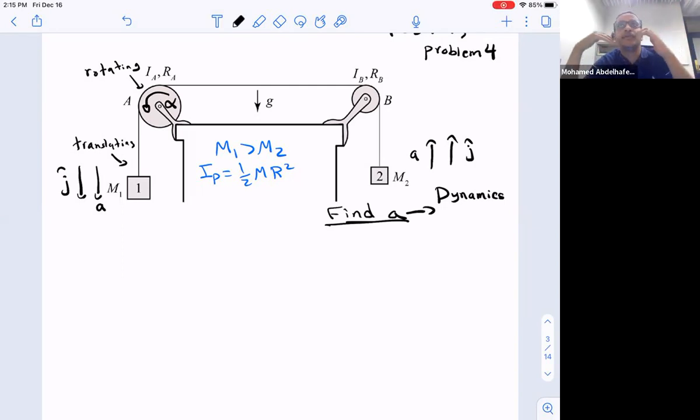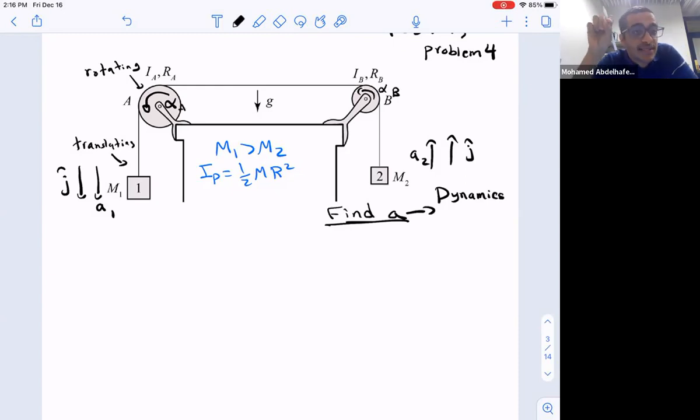We don't really have to worry about constraint conditions between the different accelerations because everything is connected together. So the magnitude of acceleration is all the same. There's A1 and A2, but they are really the same thing. And alpha for pulley A is going counterclockwise, and alpha for pulley B is also going counterclockwise.